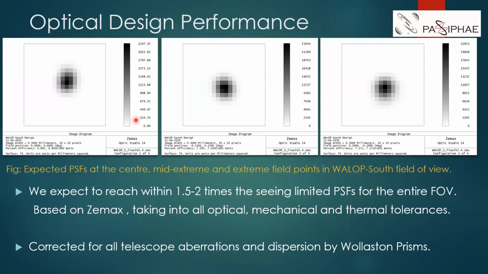The 3 images here show the PSF at different points in the field of view. The leftmost is at the center of the field of view. The rightmost is at the extreme diagonal field of view, and the one in the middle is somewhere in the middle. As you can see, there's no dispersion or spectra-like feature in these images, and we get more or less Gaussian-like features, and it's a very narrow PSF.